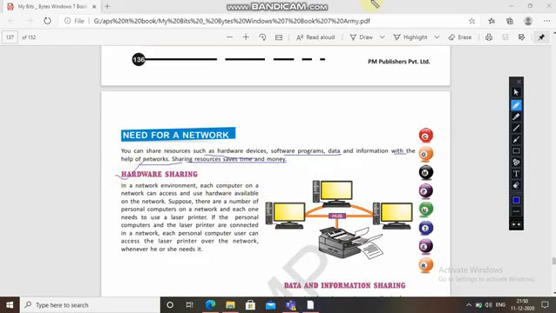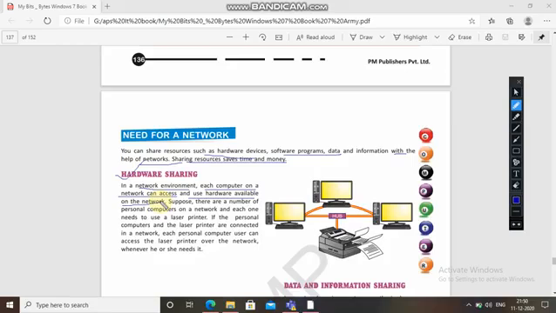Now, hardware sharing. What is hardware sharing? In a network environment, each computer on a network can access and use hardware available on the network. Suppose there are a number of personal computers on a network.